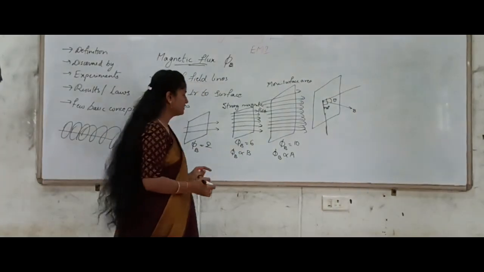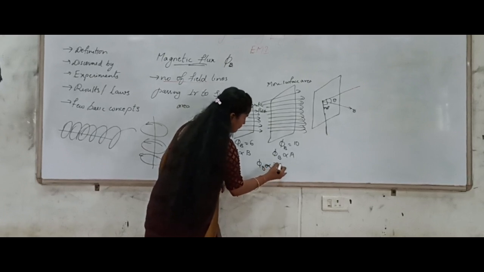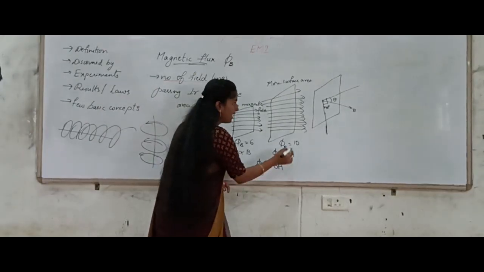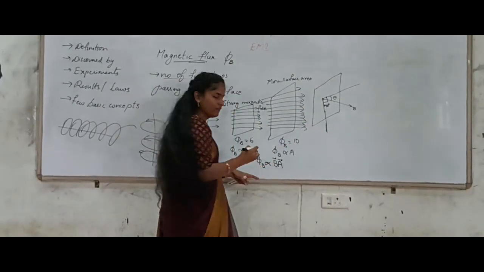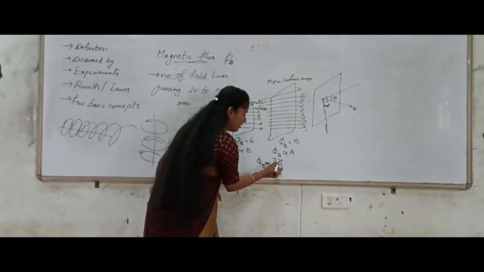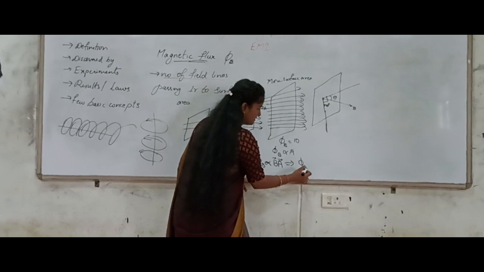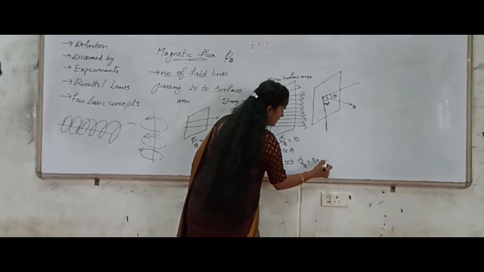So we can say magnetic flux is directly proportional to both the magnetic field and area and the direction of the magnetic field line, a dot product. So it can be represented as flux equals B A cos theta.